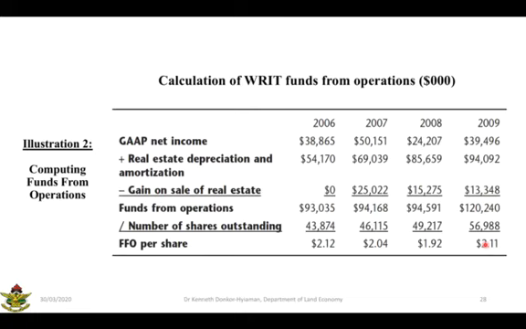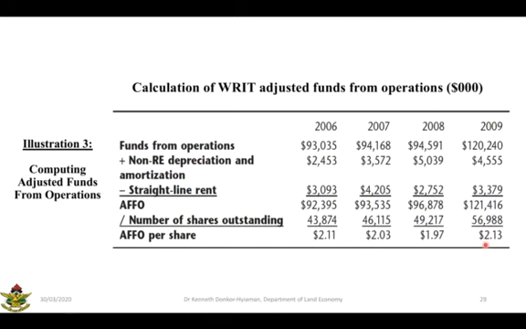In fact, the dividend is only 82% of the funds from operations earned by the REIT. Now, to calculate the adjusted funds from operations, let's have a look at this table.